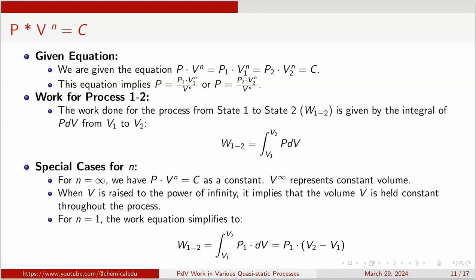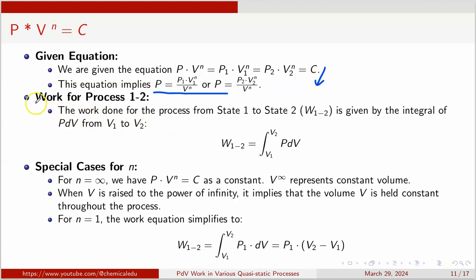So this equation implies P is nothing but P1 V1 to the power n by V to the power n, or P is equal to P2 V2 to the power n by V to the power n.